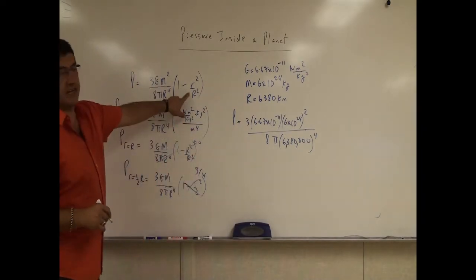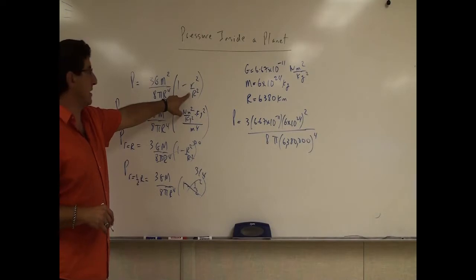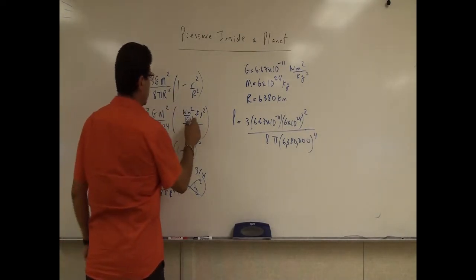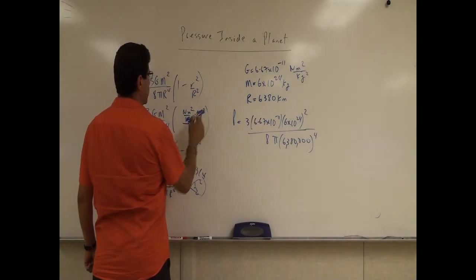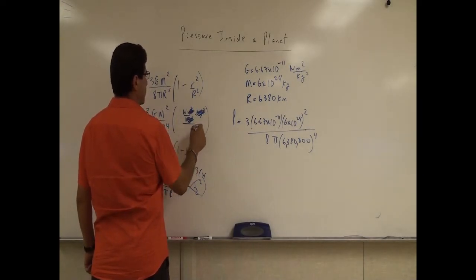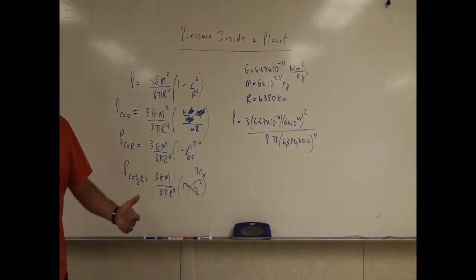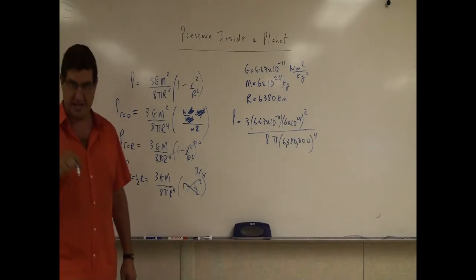This one is not going to have any units, it's going to cancel, so only this is going to carry units. Kilogram squared cancels, and meter squared cancels the meter to the 4th. So you have units of Newton over meter squared, which is pascals, right? So that's actually perfect. We want it to be pascals.